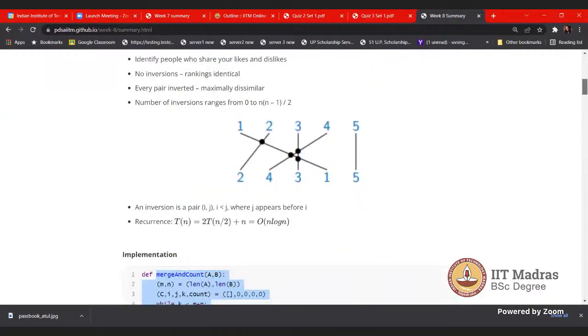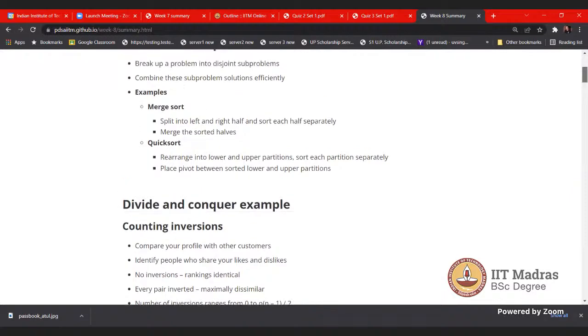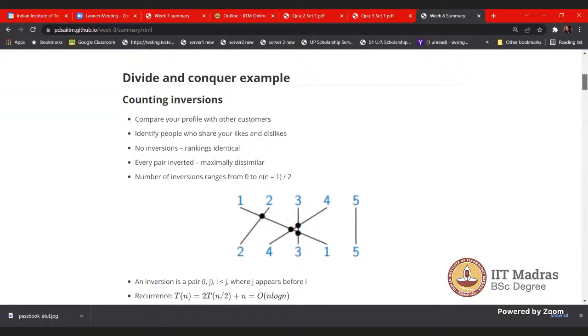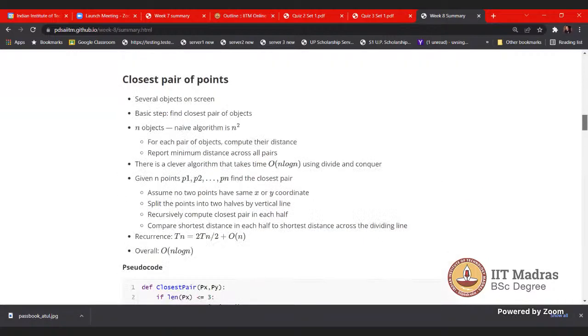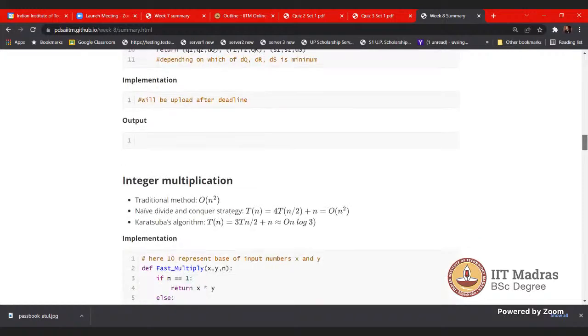These are some examples discussed based on the divide and conquer approach. If you have seen already, this is the count inversion problem, and closest pair of points is also an example of the divide and conquer approach. Integer multiplication is also one example.